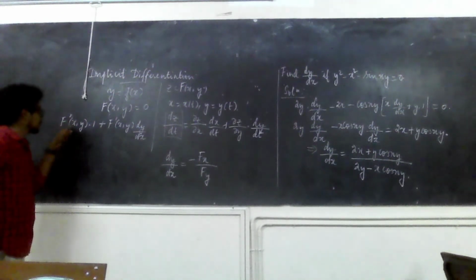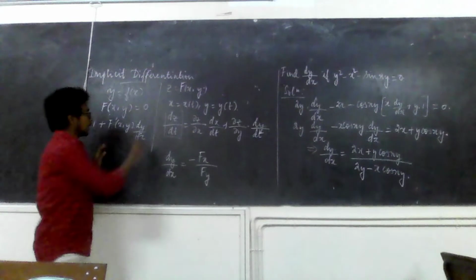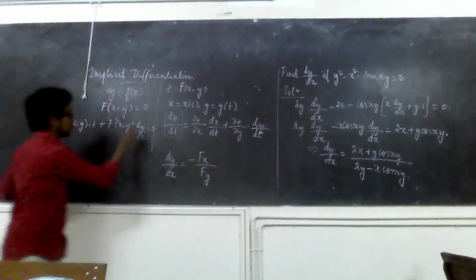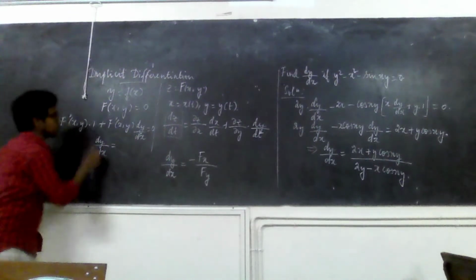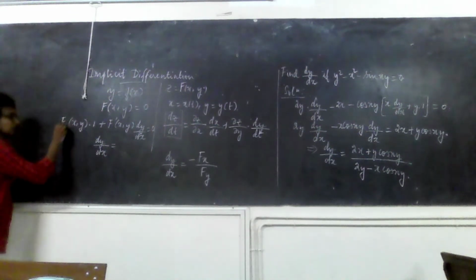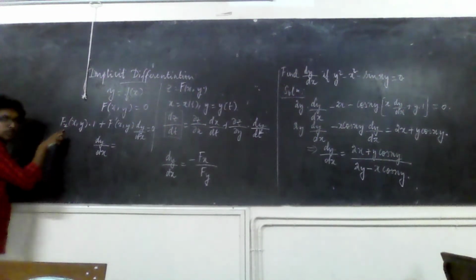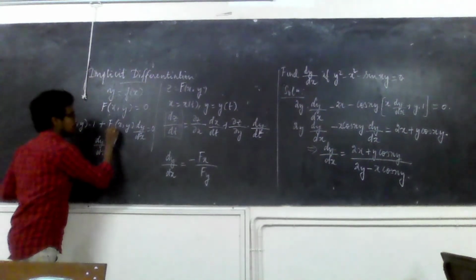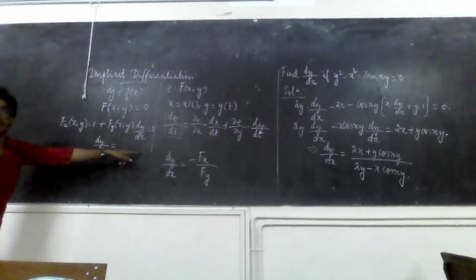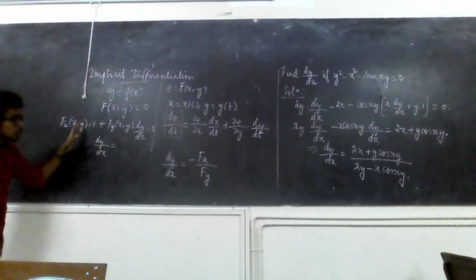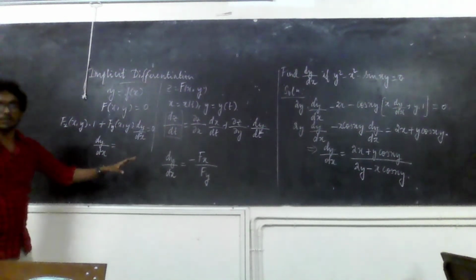When you differentiate with respect to x and equate it to 0, you get dy upon dx from this. What you have actually done is differentiate with respect to x, and here differentiate with respect to y. But y is a function of x. That is why you are making use of the chain rule here.